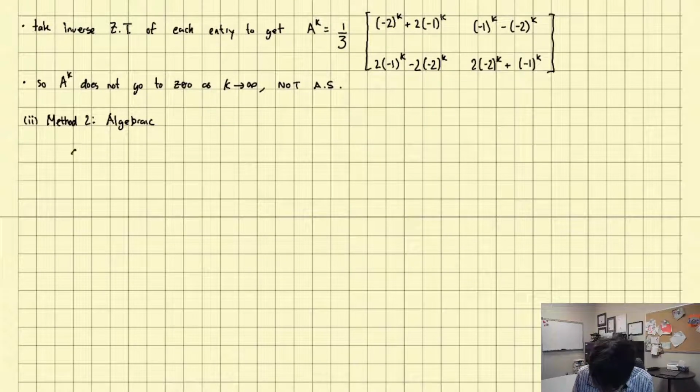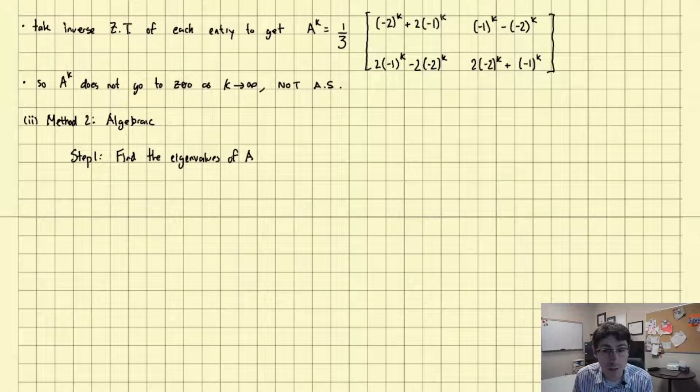Step 1, find the eigenvalues of A. Right? And those are the roots of the following polynomial.